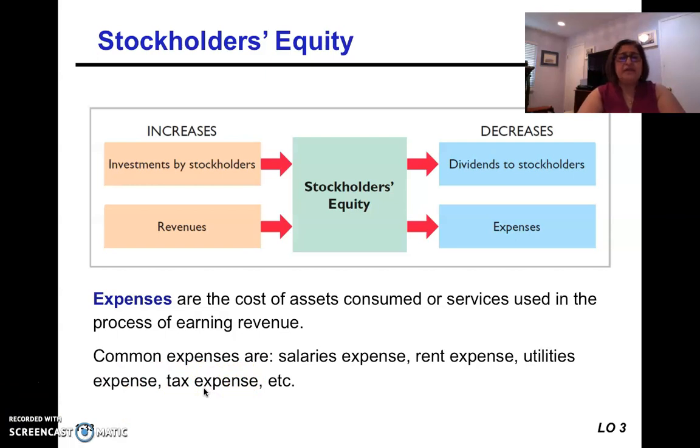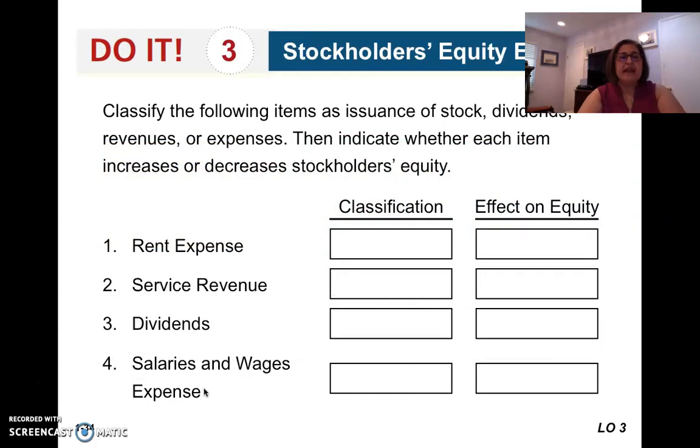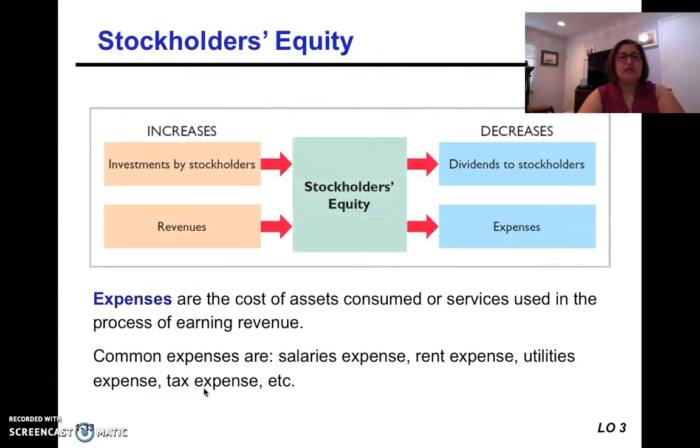Now, the fifth item in the stockholders' equity, we're going to come across in Chapter 4 in more detail, and that's called retained earnings.